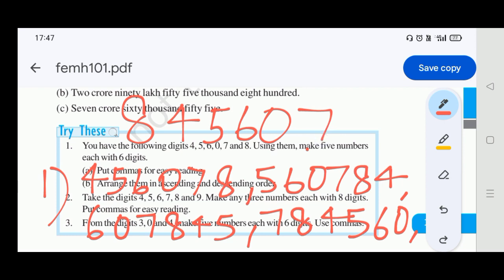So I have made 5 numbers with each having 6 digits.